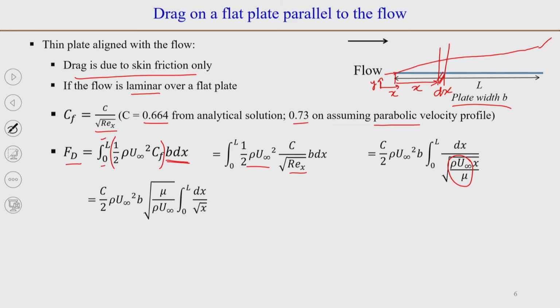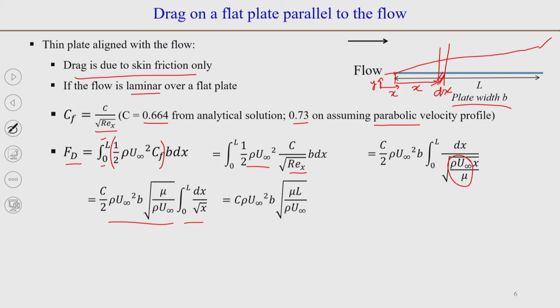So, we can bring all this outside the integral sign, and inside the integral we will have dx by root x, which is basically integration of x raised to the power minus half. When you integrate it, it will be x raised to the half divided by half, or 2 square root of x, and when you put the integral limits, then you will get 2 square root of L. So, we will use that.